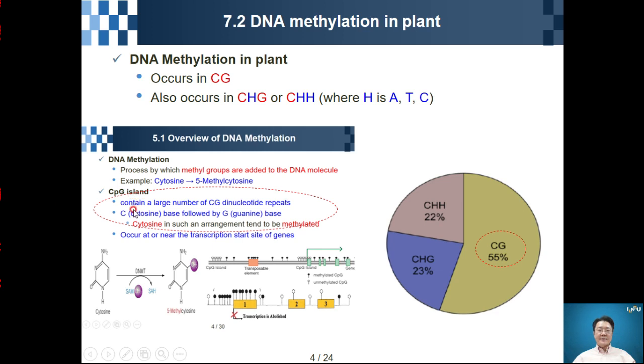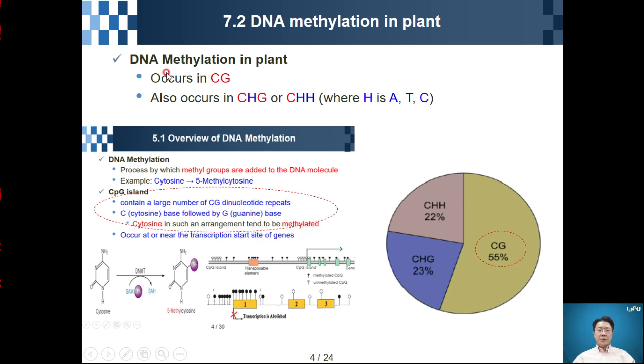CpG islands contain a large number of CG dinucleotide repeats, so a cytosine base is followed by a guanine base. Usually the cytosine in such an arrangement tends to be methylated.